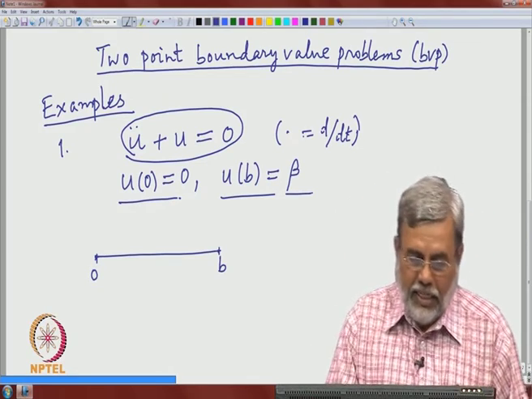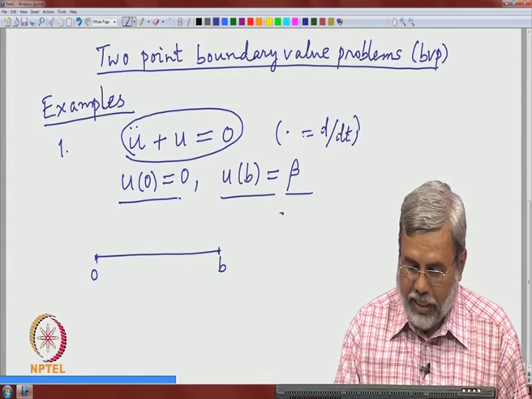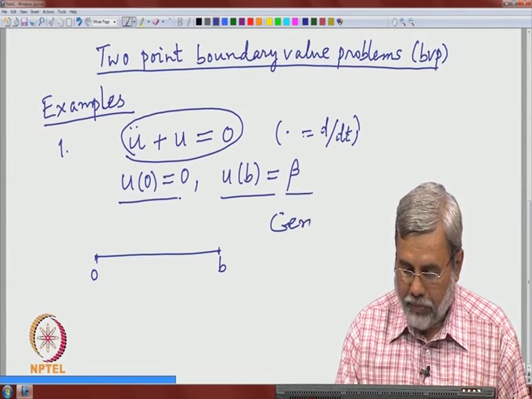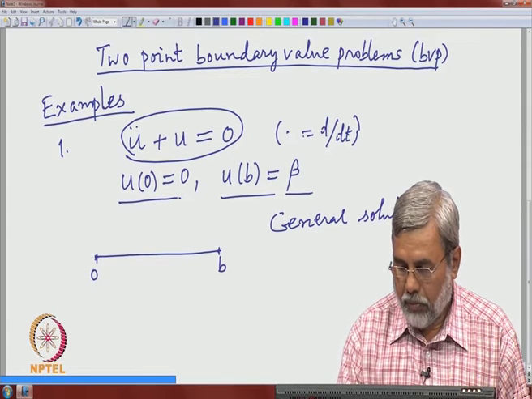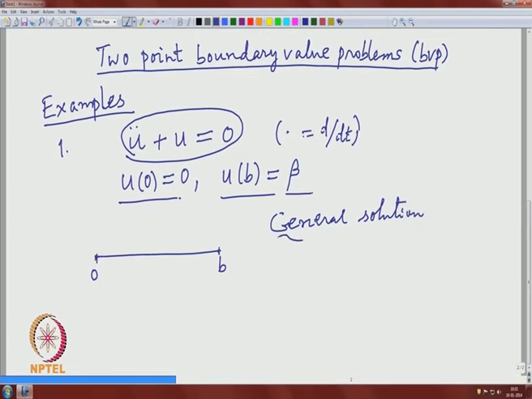So, since this is a linear problem, we know that the general solution is given by, so that we have already learnt, u(t) is C1 sin t plus C2 cos t, for this linear equation.